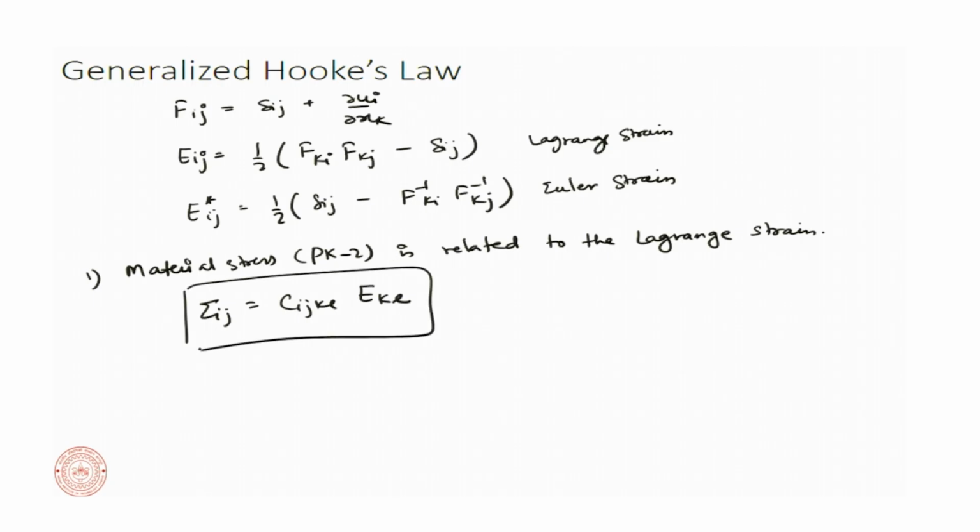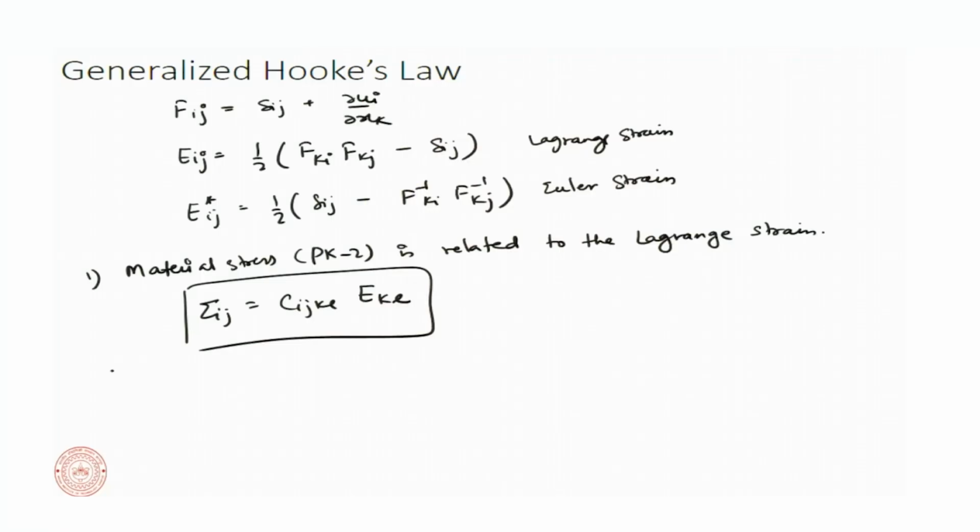Please remember that the material stress was the force projected from the deformed state to the undeformed state, and the area that we had taken was also the undeformed area. So, it was a projected force over the undeformed area, right, and since we are taking the reference to the initial frame of reference, in that case we will also take the Lagrange strain rather than the Eulerian strain, because Lagrange strain is with respect to the initial frame of reference or the undeformed frame of reference.